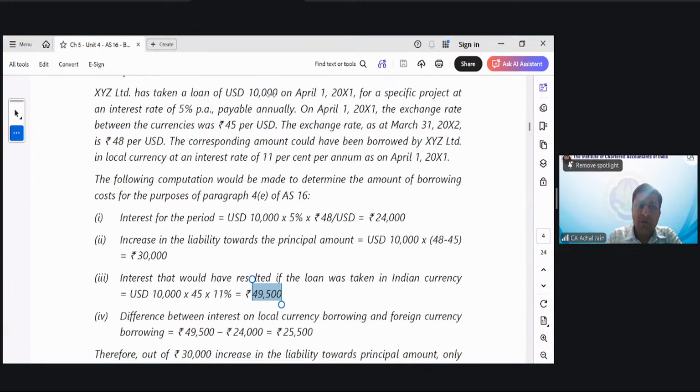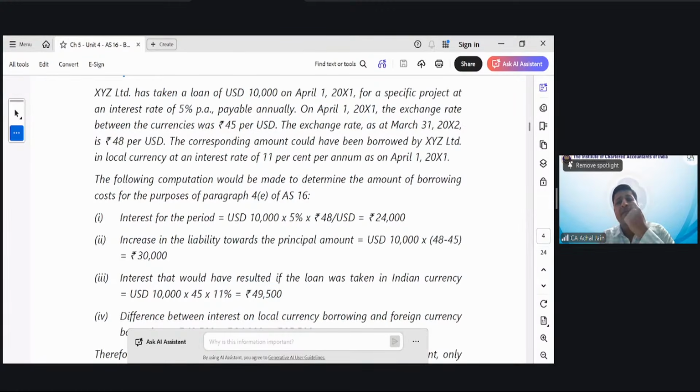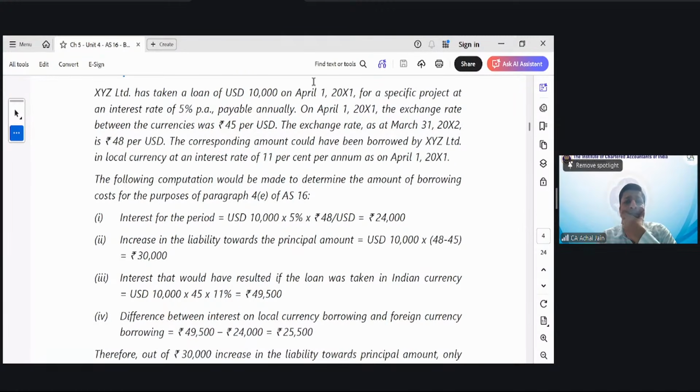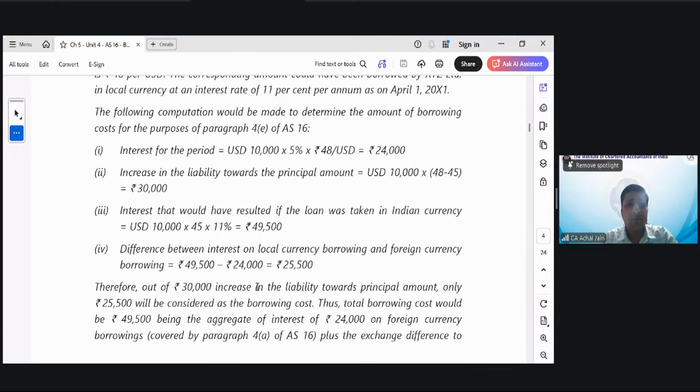25,500. How do you compute that? So by deducting the interest which was paid by the USD and in Indian currency. Okay, very good. So the amount of interest in Indian currency would have been 49,500. Yes or no?